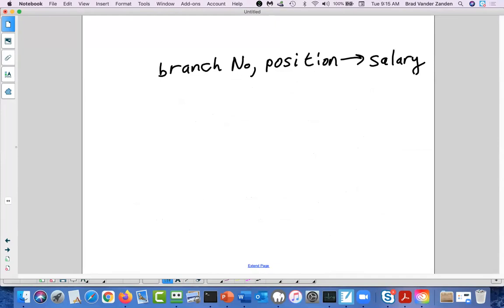And again, what it means is that each unique combination of values on the left side uniquely determines some value on the right side. Okay, so it's okay for the reverse to not hold.